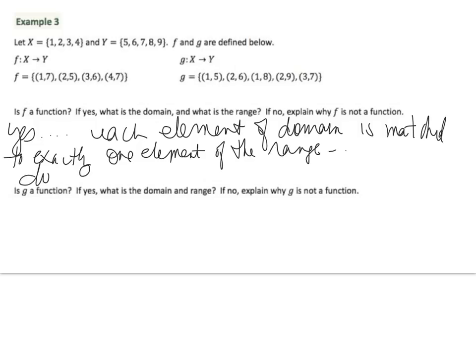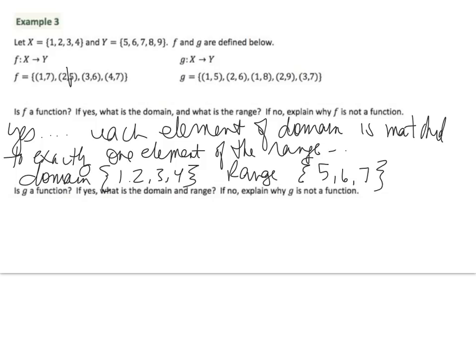So my domain is 1, 2, 3, 4, and my range is just 5, 6, and 7 for that particular problem, because those are all my numbers I used.